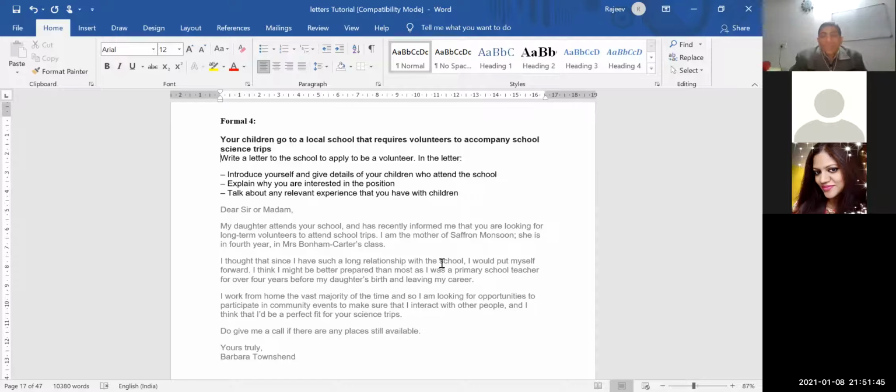But in this kind of letter, where you are writing to a school teacher and your kids study there, you can very well mold it as informal or write it as a semi formal one also, and you're not going to lose marks. The only thing is that you have to follow the structure of a semi formal in that case. A semi formal letter is not very academic and direct.